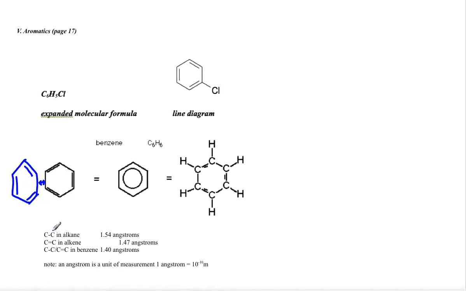So if we compare here, this is a single bond in an alkane, has a length of, on average, 1.54 angstroms. And angstroms are 10 to the minus 10 meters. Double bonds in an alkene are 1.47 angstroms. And because of this resonance, we would expect, and in the last unit we would have discussed the fact that, these bonds will be somewhere in between that of a double bond and a single bond.